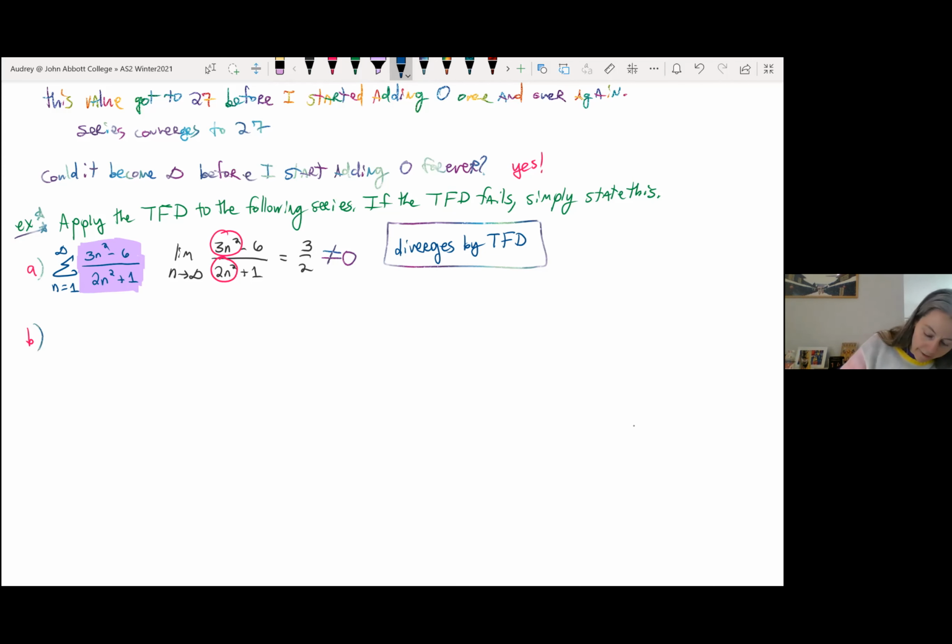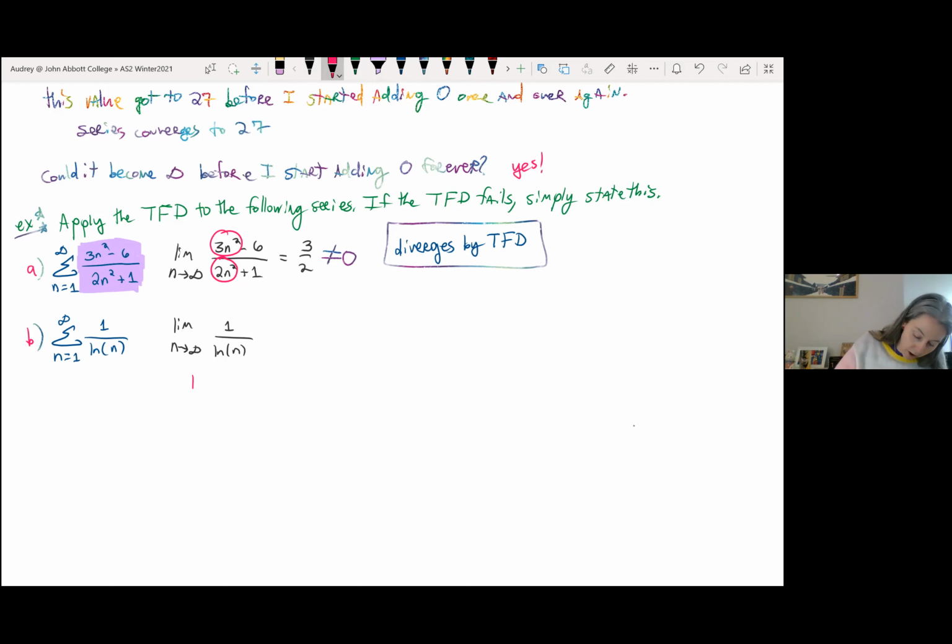All right, let's look at another one here. Let's say that I have the sum from n equals 1 to infinity of 1 over natural log of n. Again, I'll do my limit as n approaches infinity of 1 over ln n. We remember that the natural log of n is approaching infinity.